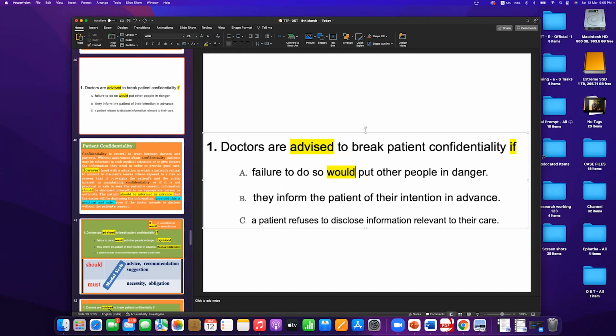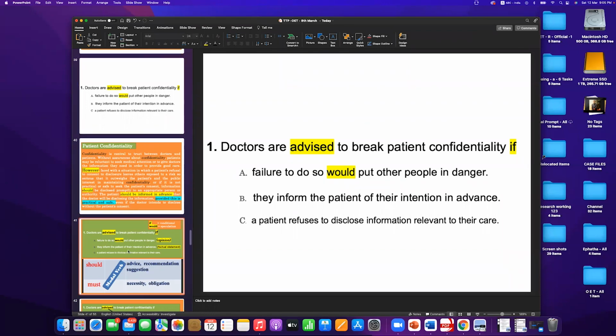Will, would, about the future. So if something happens in the future, you can break the confidentiality if such a situation arises, which is speculation, right? If means speculation, predicting the future. So here there is a speculative modal verb. So it has to go here. This is a factual statement.